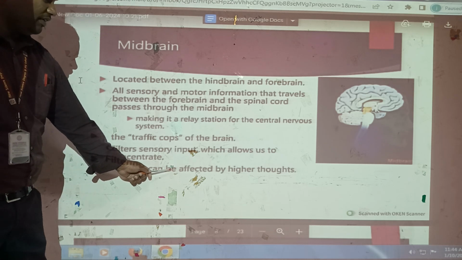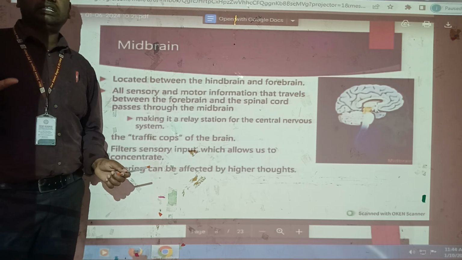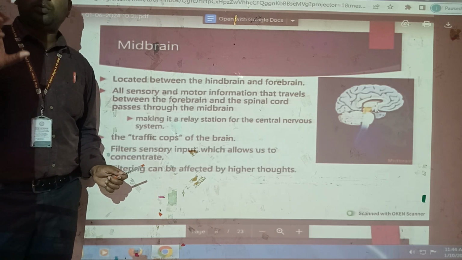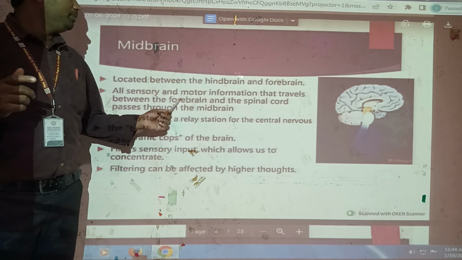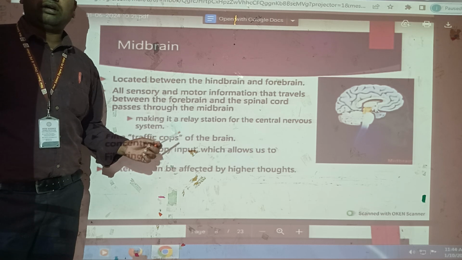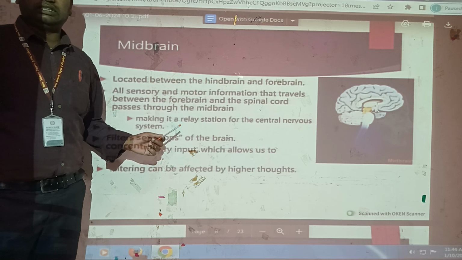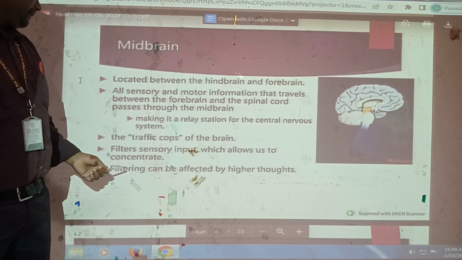Filtering can be affected by higher thoughts. The crura cerebri, a group of neurons, are present in the midbrain. The optic nerves and the corpora quadrigemina, four optic sensors, are also present in the midbrain.